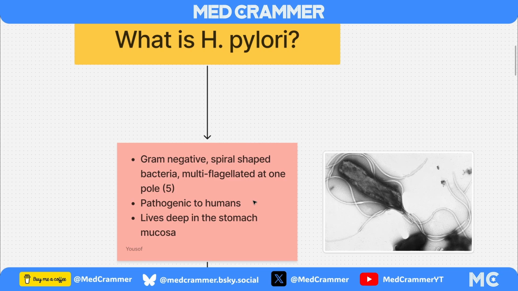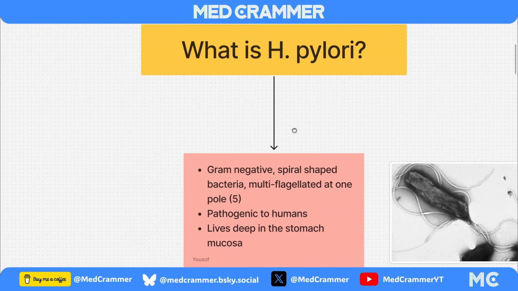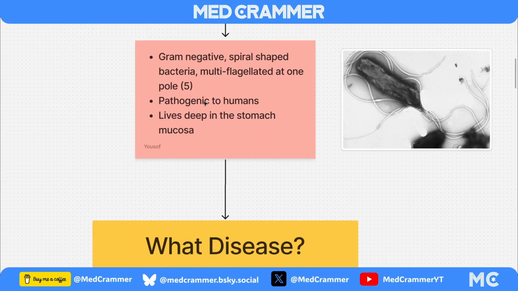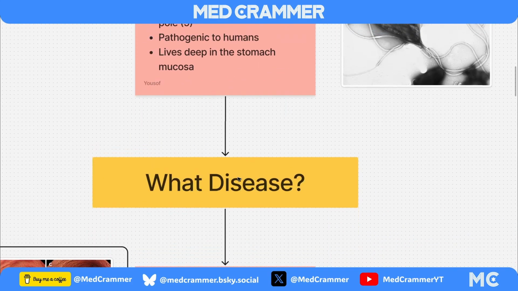But deep in the tissue, the pH is more normal, towards 7, which is where it is found, and it also has mechanisms to counter the acidity of the stomach, and we're going to talk about that. So, in short, that is what H. pylori is.